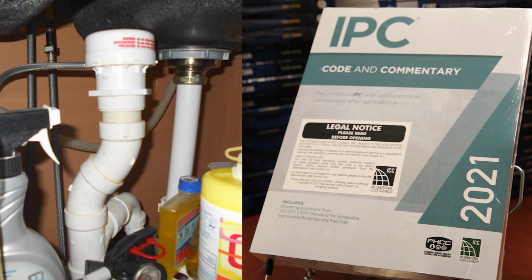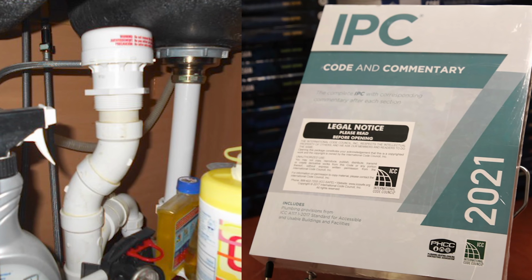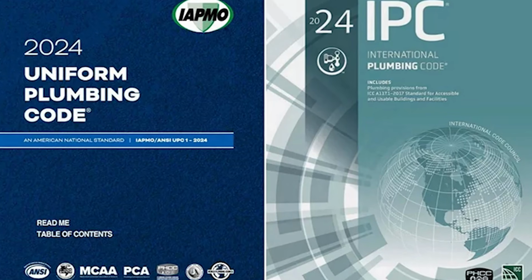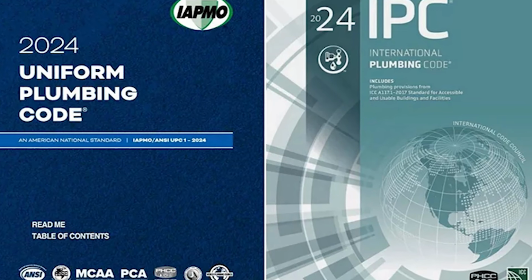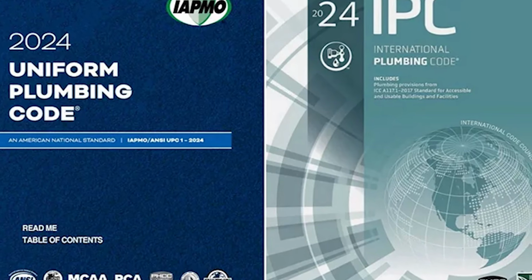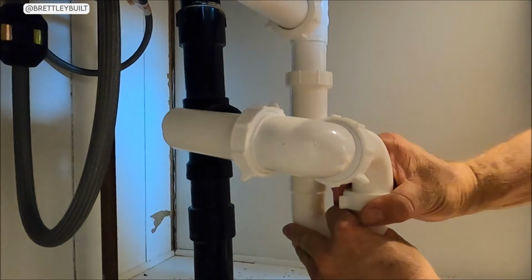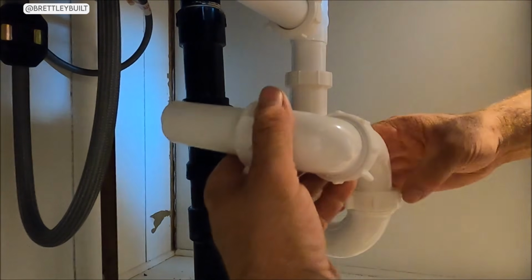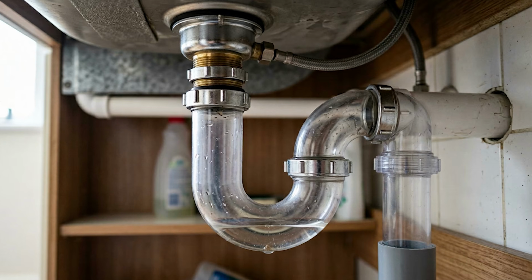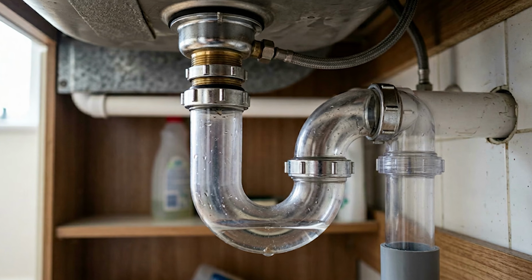The sixth item on our list is what the code actually says. Both of the major plumbing codes in the United States, the Uniform Plumbing Code, known as the UPC, and the International Plumbing Code, known as the IPC, explicitly prohibit S-traps. The language varies slightly between the two, but the intent is identical.